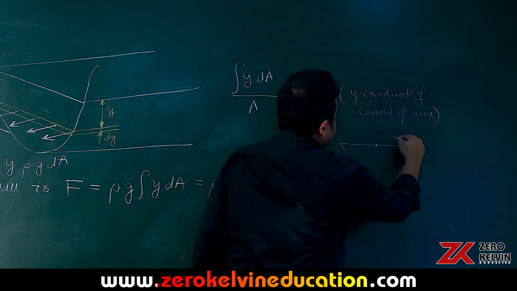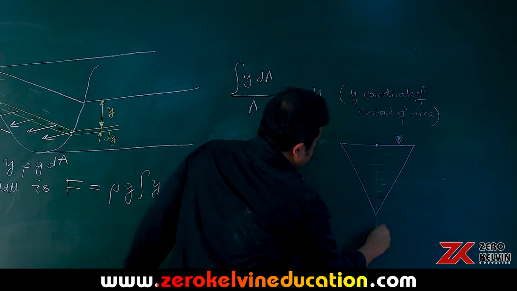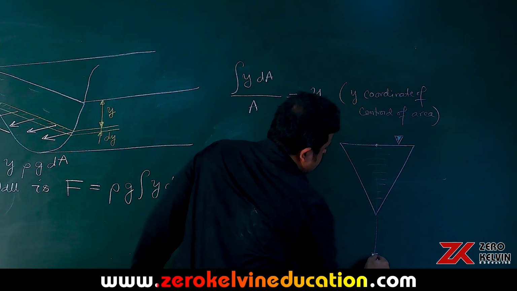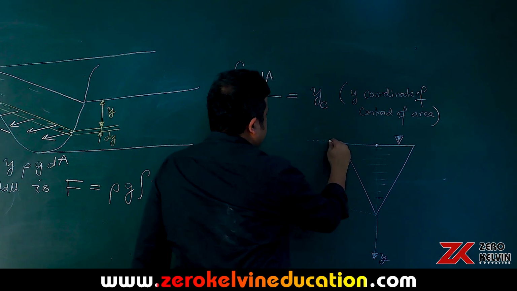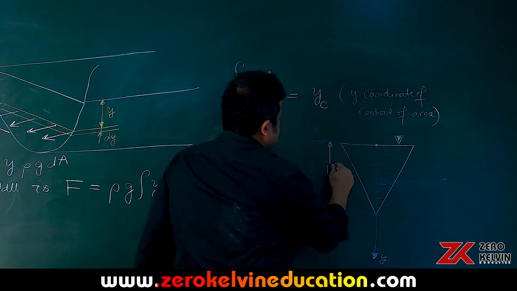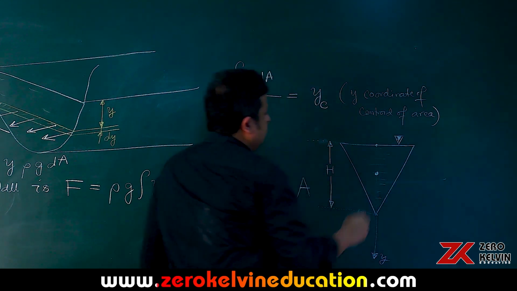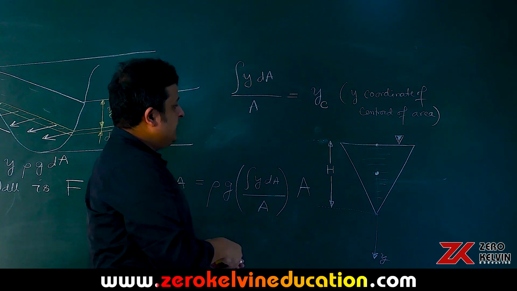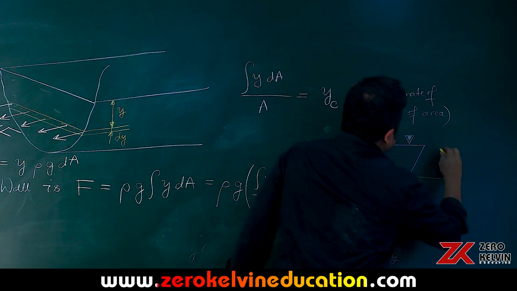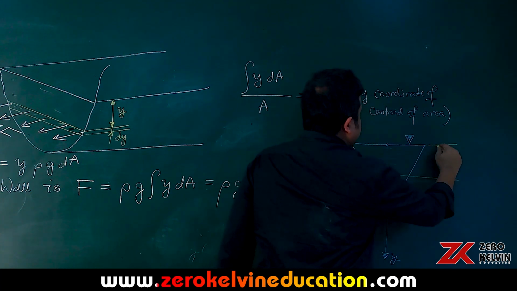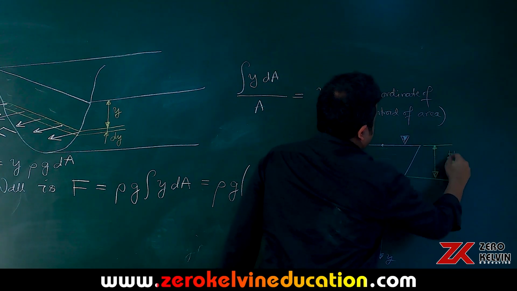This is the free surface of water, and the y-axis goes downwards, and this is the height h. For the triangle, the centroid of this area will be here, so that the distance of the centroid from the base is 1/3 of h.